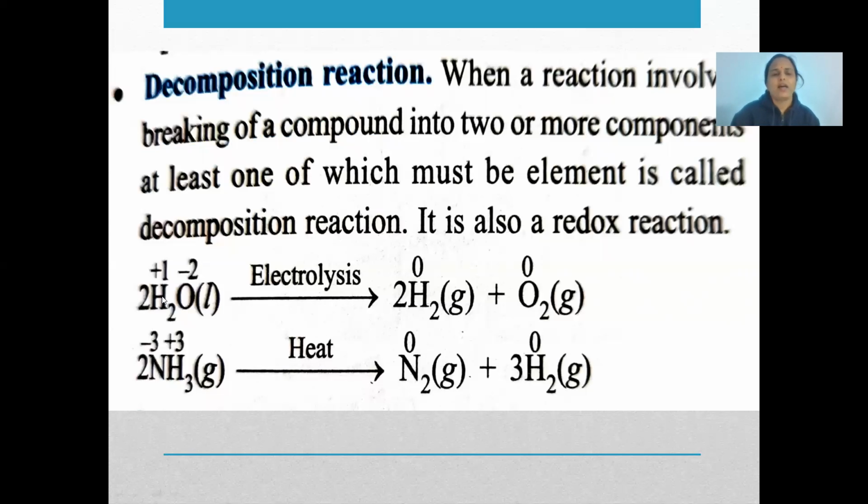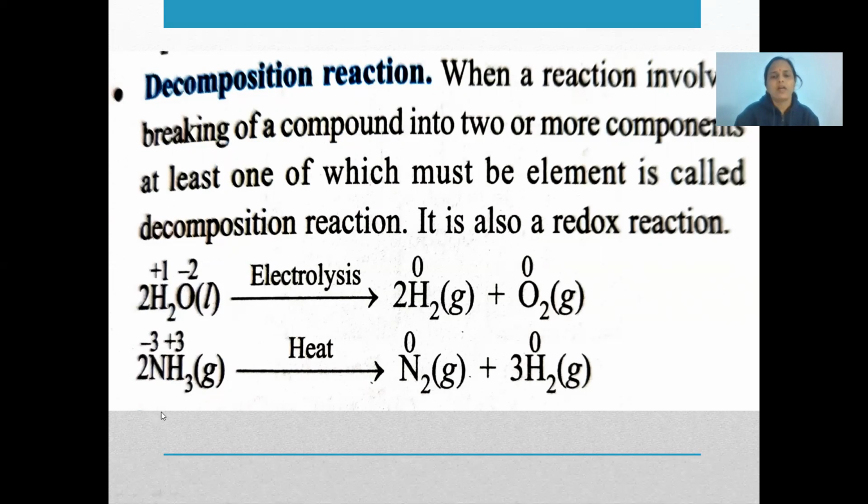Here in water, hydrogen is present in +1 state and goes to 0 state, undergoing reduction, and oxygen goes from -2 state to 0 state. So here both oxidation and reduction are occurring simultaneously, and that's why this is a case of redox reaction and it is a decomposition reaction.